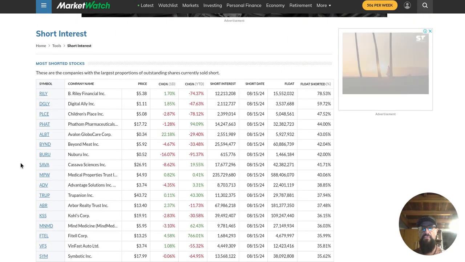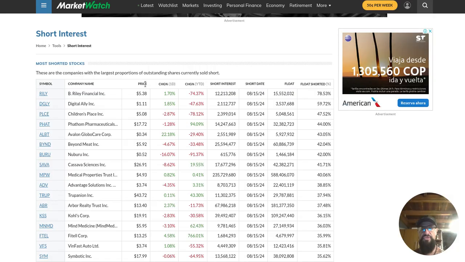Also, I would stay away from companies that are trading at a price below $10 because those companies have a lot of volatility. Definitely stay away from the penny stocks.